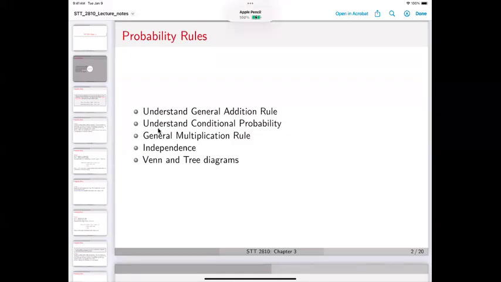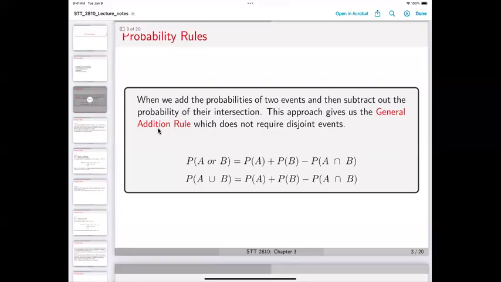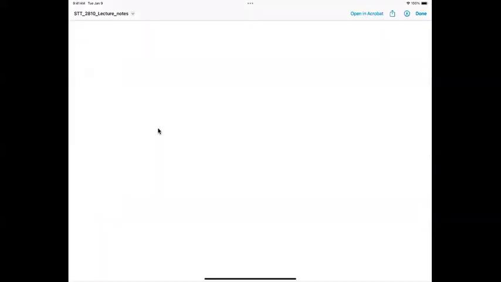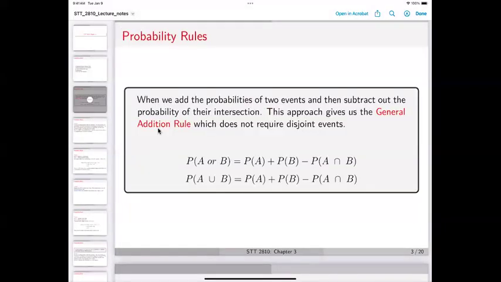So let's start with the general addition rule. We've already talked about the general addition rule in chapter 12, but I just wanted to point that out. The general addition rule says that when you are trying to find the probability of, say, A or B, we add probability of A plus probability of B minus probability of A intersection B. This is so because, for example, like last time I showed you, this is probability of A. Is that okay?